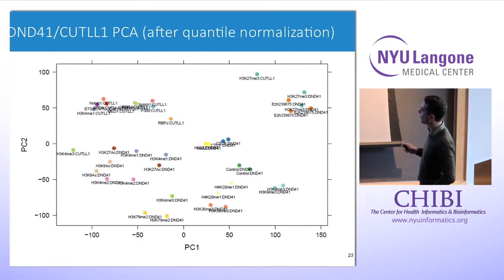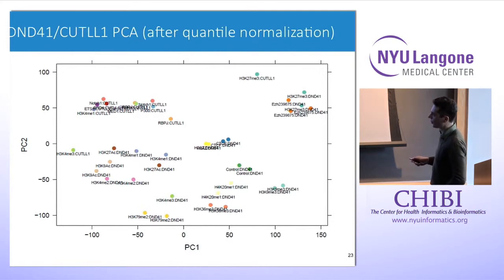Only a few of them were common. So this is primarily Notch in CUTLL1, and in DND41 we don't have Notch ChIP-seq done by ENCODE. But you can see that although this comes from CUTLL1, a different cell line, it actually clusters very well with a K27 of DND41, the other cell line. Same thing kind of for K4 trimethylation, at least it's in that group.